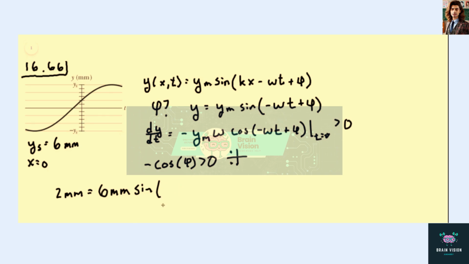So we can just ignore the 0, sine of phi. And so inverting this to get our angle, it's just going to be the arc sine of 1/3, because 2 divided by 6 is 1/3.